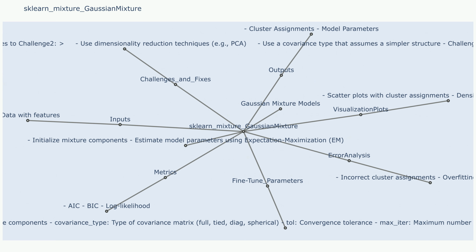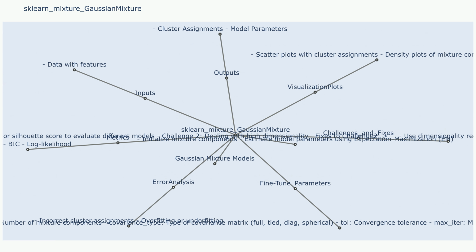The covariance matrix describes the spread and orientation of the Gaussian distribution in feature space. predict_proba(X) returns the probability of each data point belonging to each component. This is useful for understanding the likelihood of a data point belonging to a specific cluster.